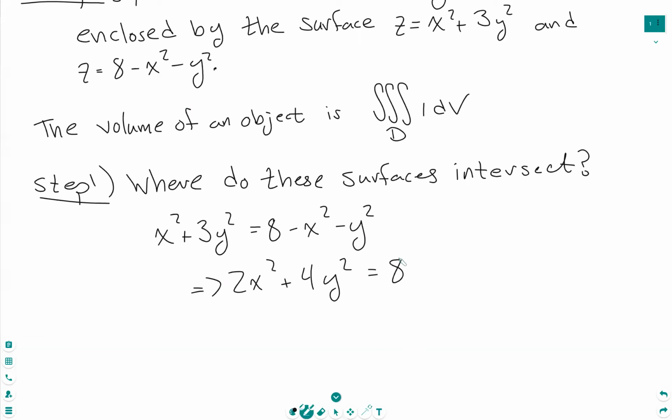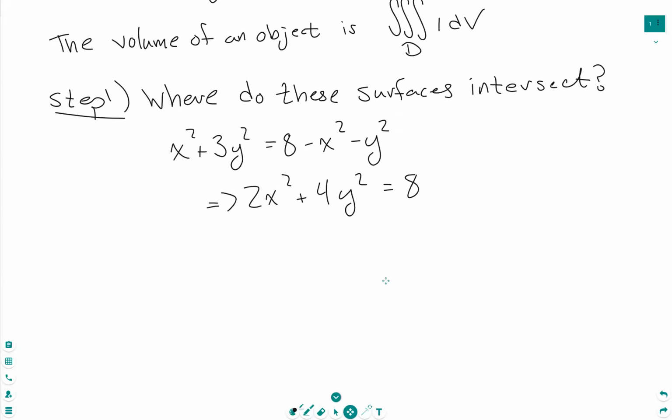This expression details the curve that is the intersection of these two surfaces. We can simplify this a little bit and get x squared plus 2y squared is equal to 4.